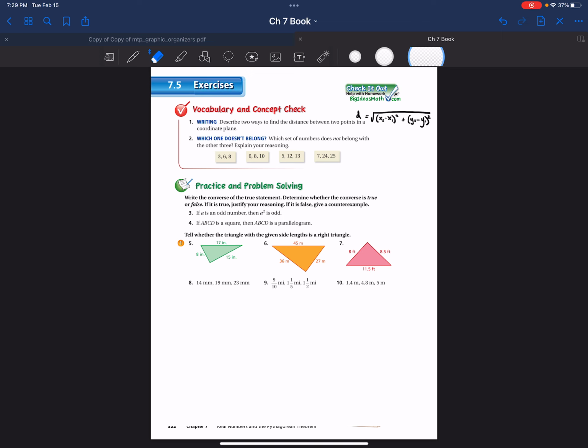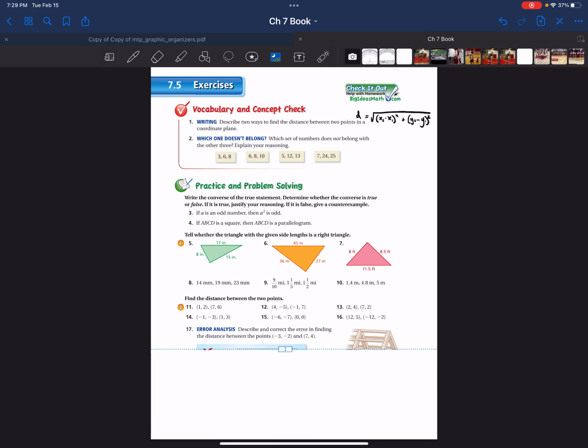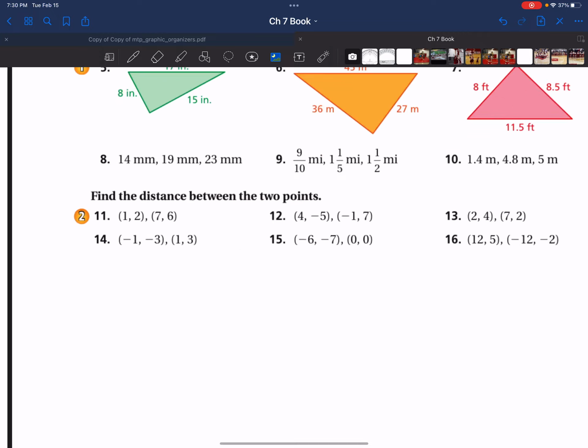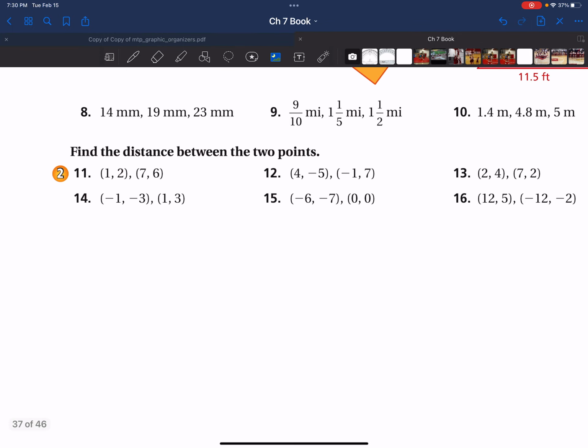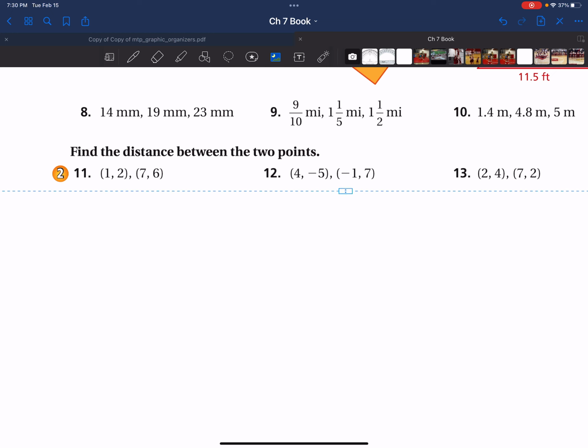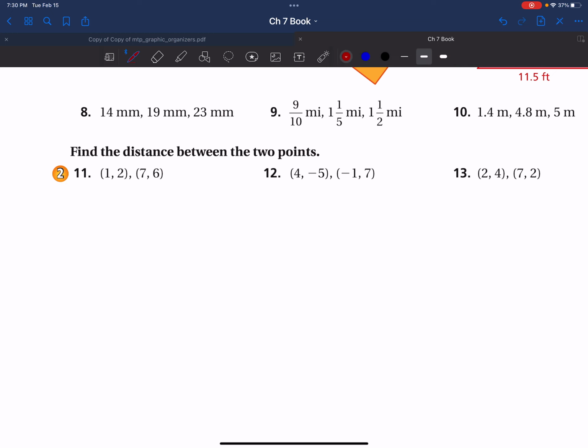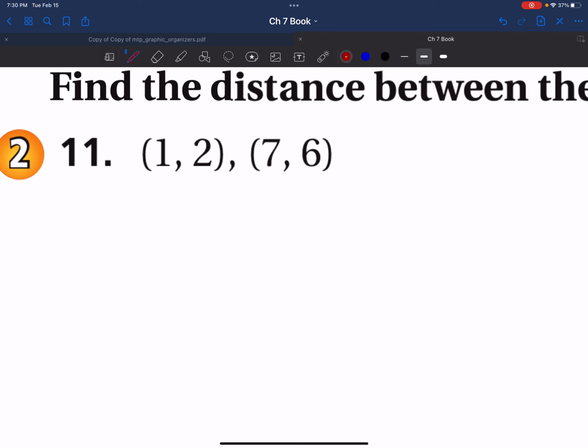Okay, here come the problems with the distance formula. Fun, fun, here we go. Some of these we actually used in our notes as examples. Find the distance between the 2 points. If I don't have a coordinate plane, which I don't, I have to use the distance formula. I'm going to use the distance formula and say it a lot in here so that you guys can remember it.